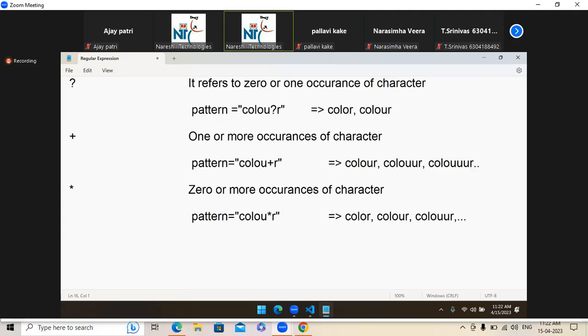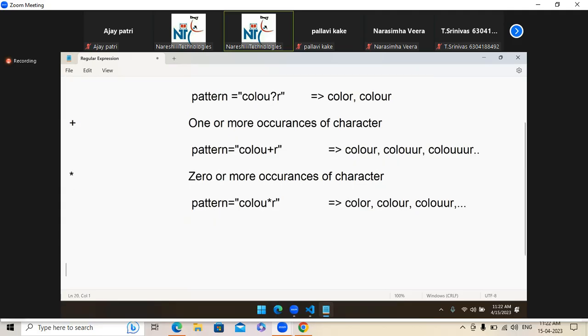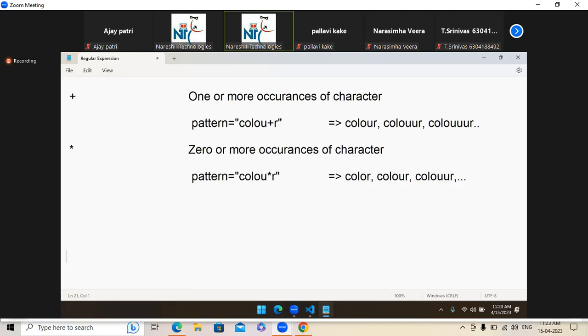Right? Now in meta characters, another important one is dot. Dot is a meta character. Dot refers to any single character. This is the dot symbol.